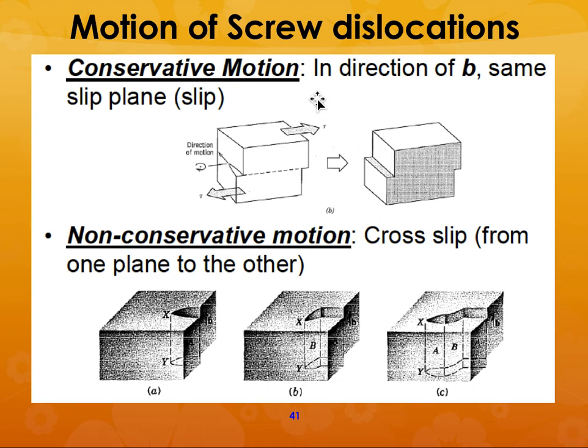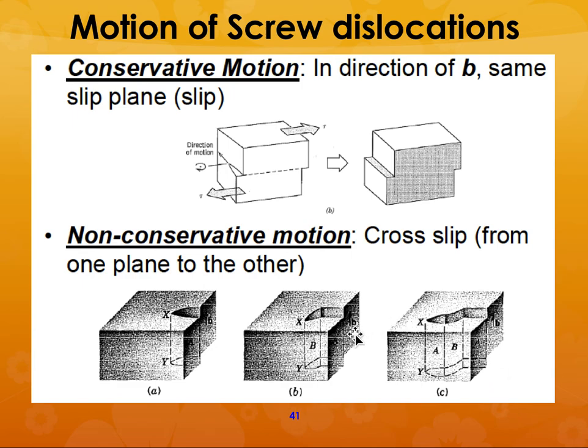So screw dislocations, how do they move? The first and easiest one is to just move them as a result of the application of shear motion on the plane of atoms. And the non-conservative motion would be that they move from one plane to another by the application of temperature.